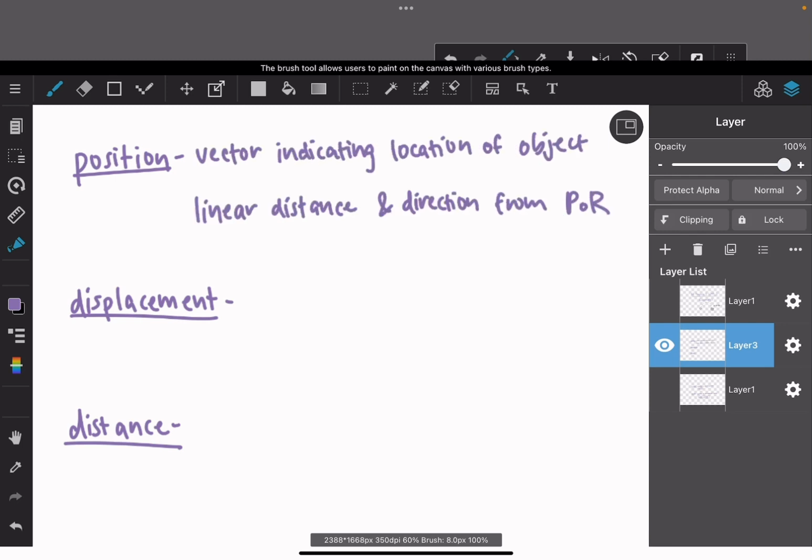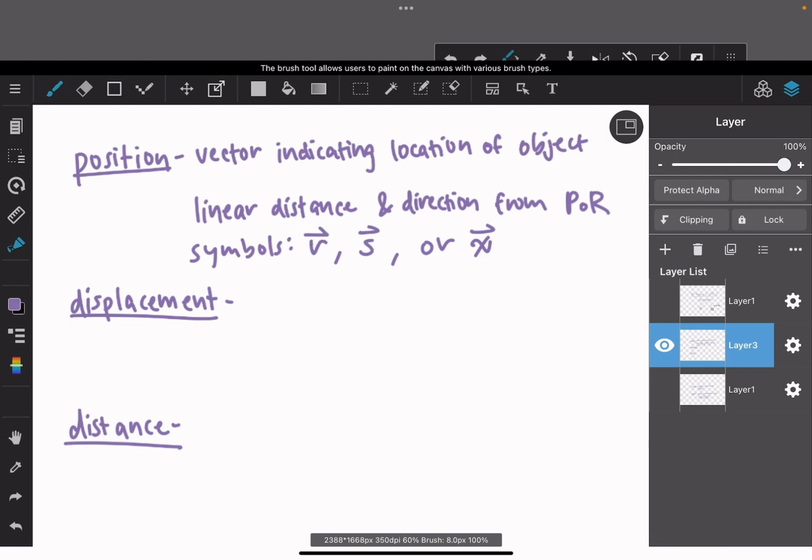Some symbols of position are R, S, or X. Notice how we have these little arrows over these symbols. That indicates that it is a vector quantity.